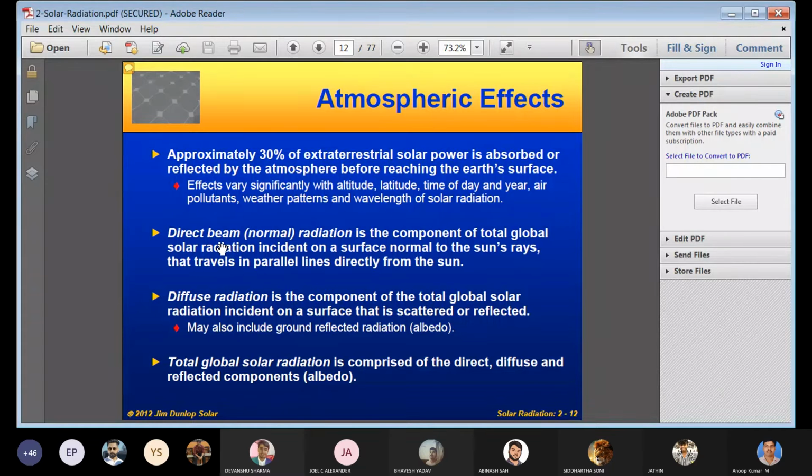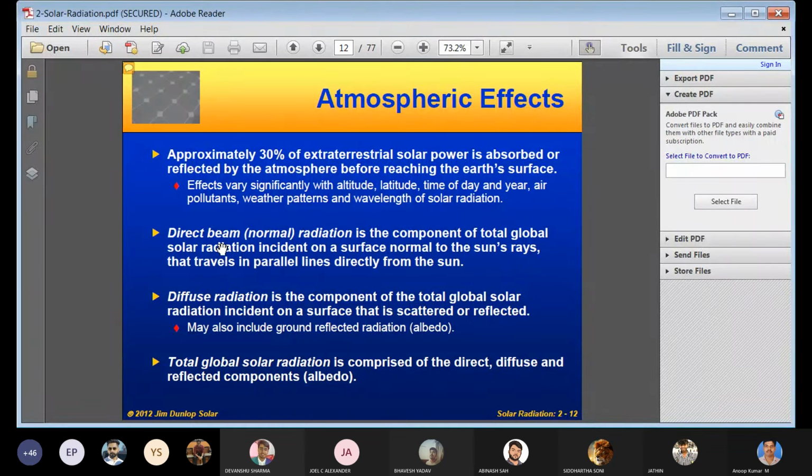So there are components of radiation. Direct beam or normal radiation is the component of the total solar radiation incident on a surface normal to the sun's rays that travels in parallel lines directly from the sun. This is clear, no? We can divide solar radiation into components, direct and diffuse.